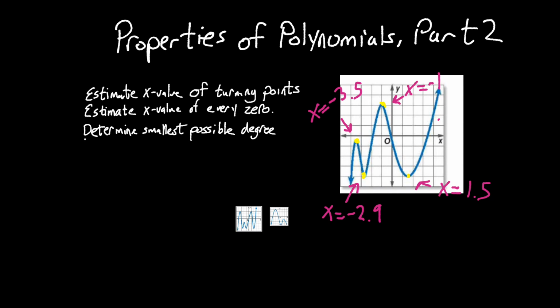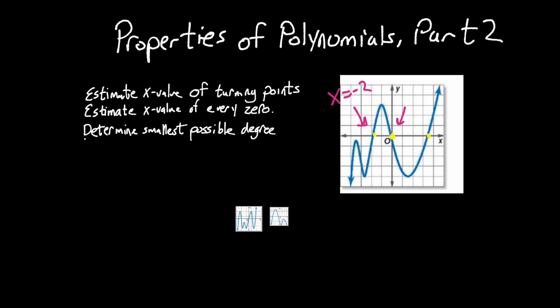Now, let's talk about the zeros. I have what appears to be just 3 zeros as it crosses the x-axis 3 times. Right here, it looks like it's happening at just about x equals negative 2.